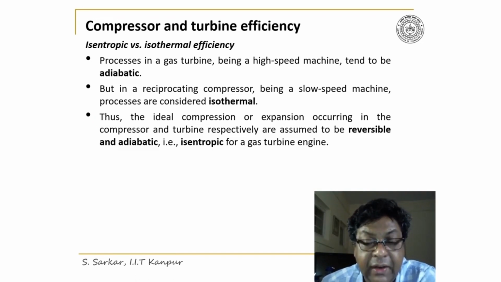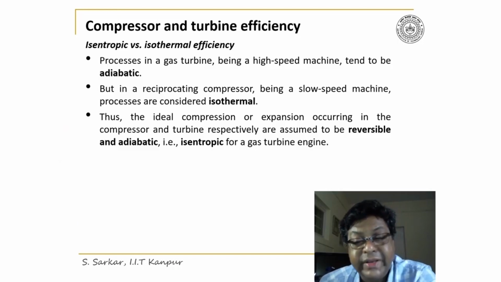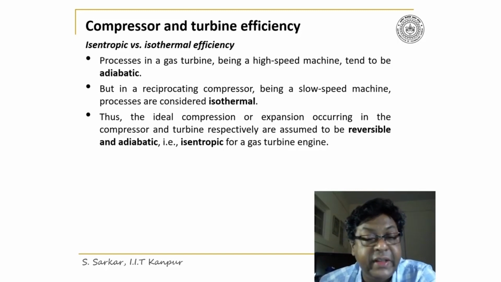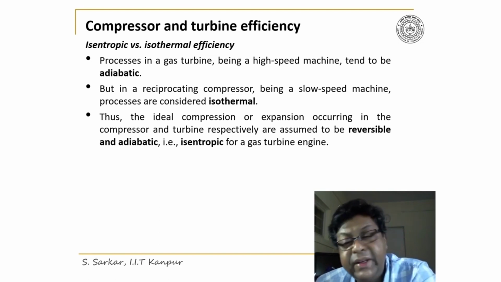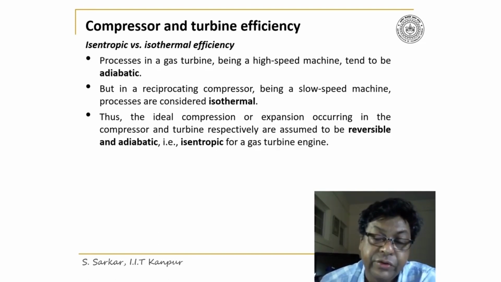So for a gas turbine engine, the efficiency is considered isentropic, while for a reciprocating compressor I may deal with its efficiency as isothermal.